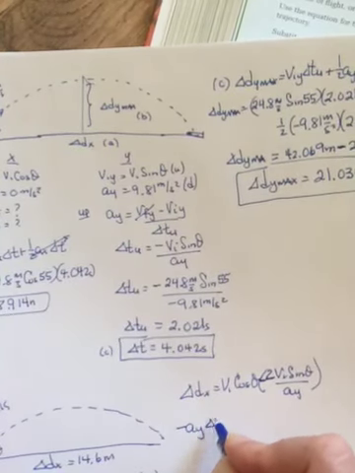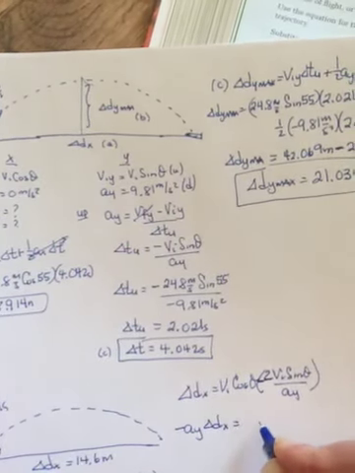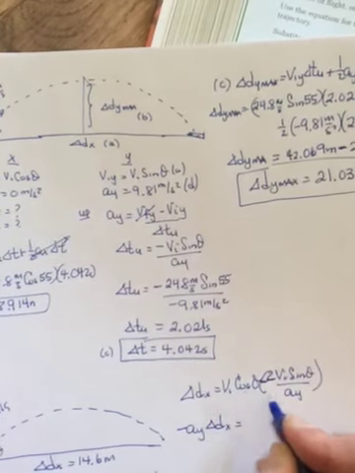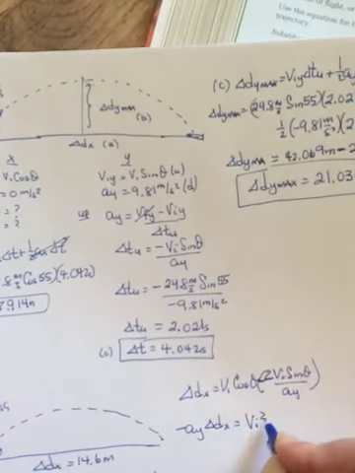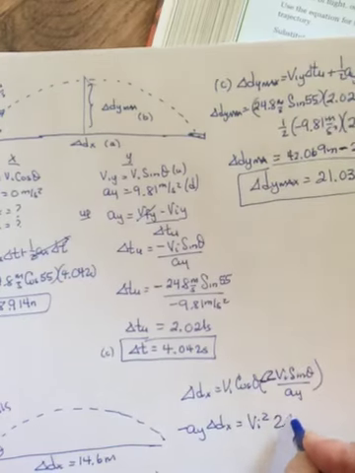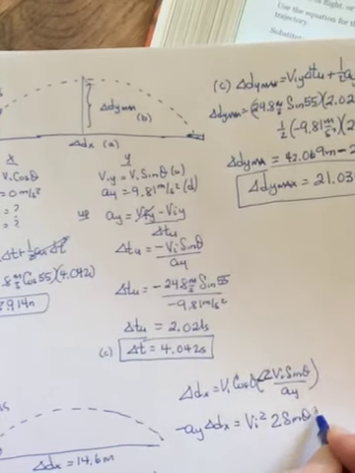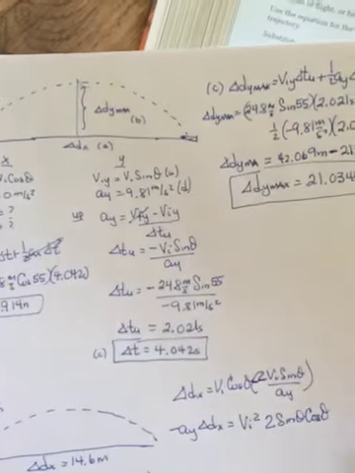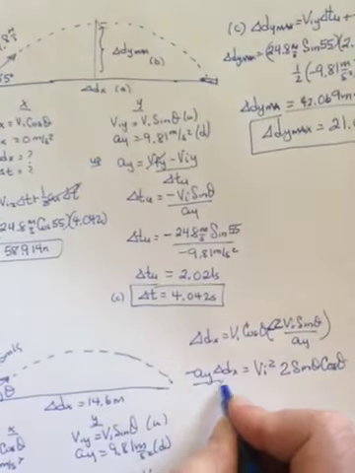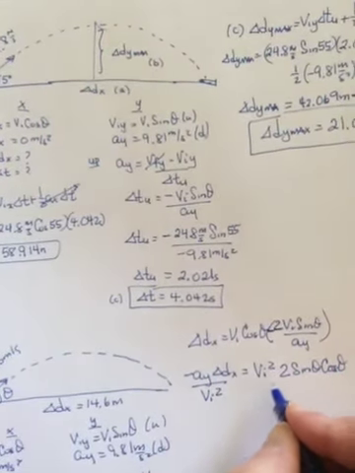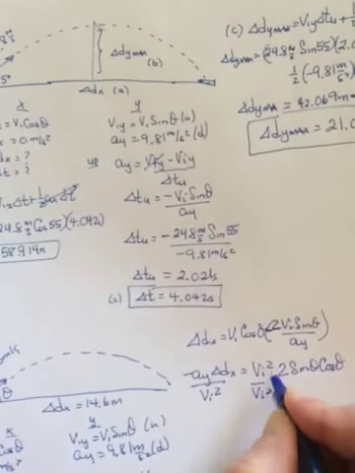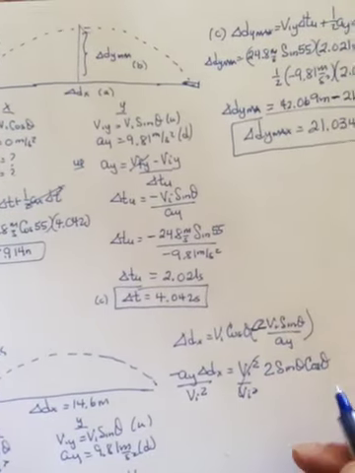So negative AY delta dx is equal to, and then I'd multiply the VI and the VI together, so VI squared, and then 2 sine theta cos theta. And we're looking for theta, so I could divide both sides by VI squared. Okay, so it disappears over here. And then I'm left with just 2 sine theta cos theta.